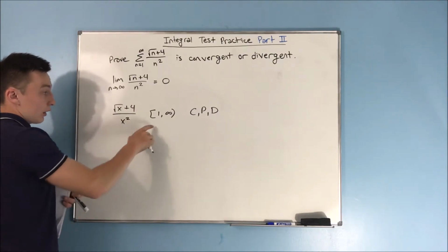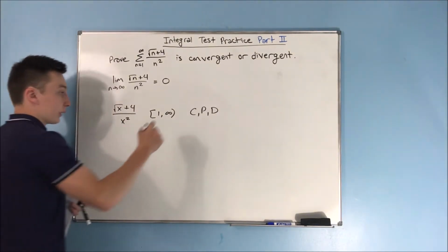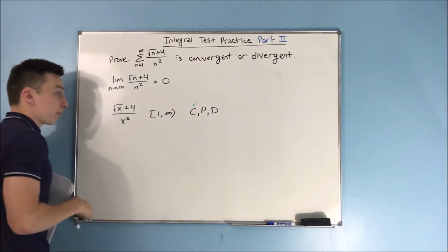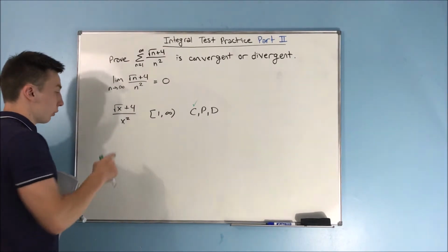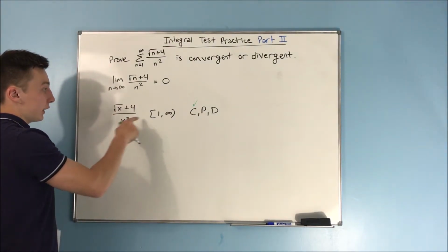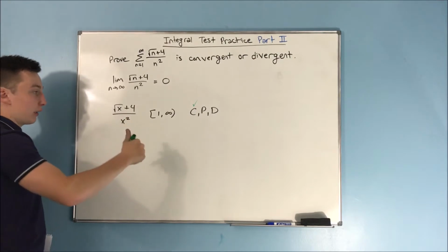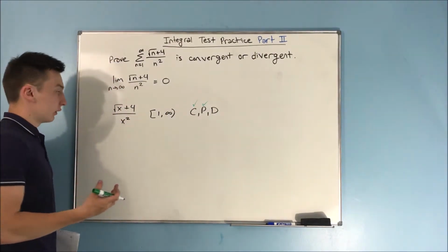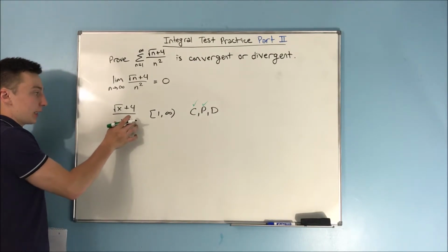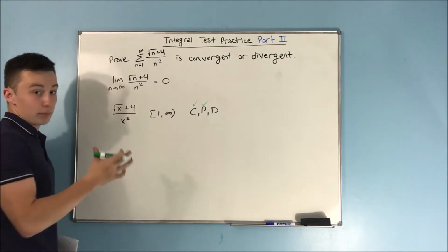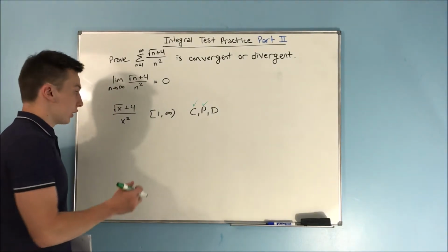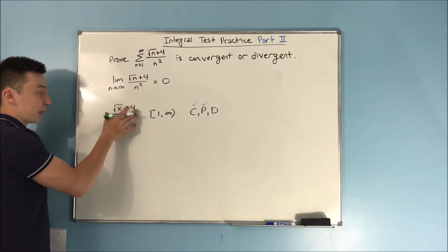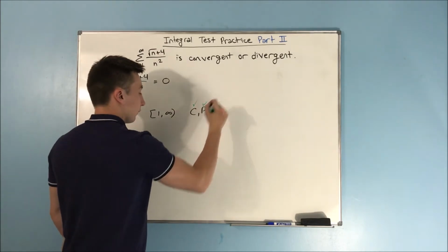Well, we're not incorporating 0 at all, so of course it's going to be continuous. Is it going to be positive? Well, we're only dealing with positive values here, and there's nothing negative in this function here. And is it going to be decreasing? Well, this is an x squared here, this is a rad x, so this x squared is just going to get bigger and bigger and bigger, so that's going to make this whole thing smaller, and it's going to be decreasing.